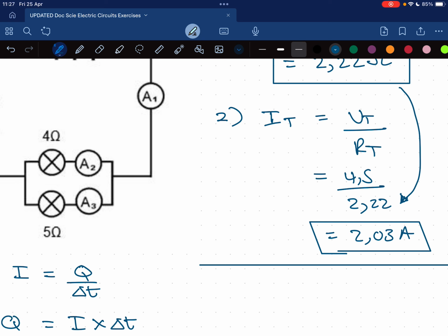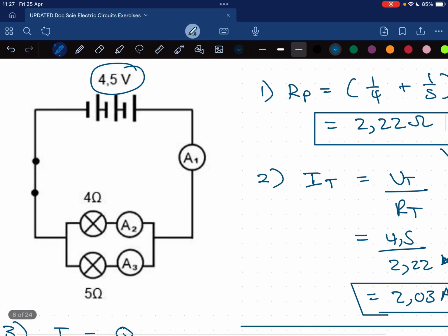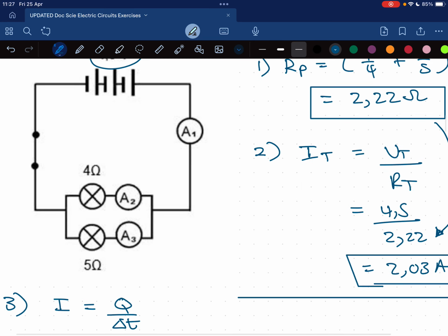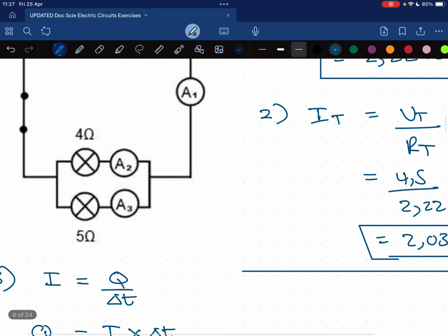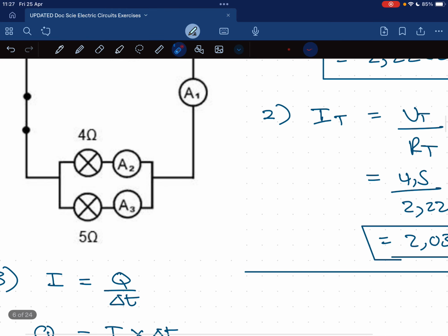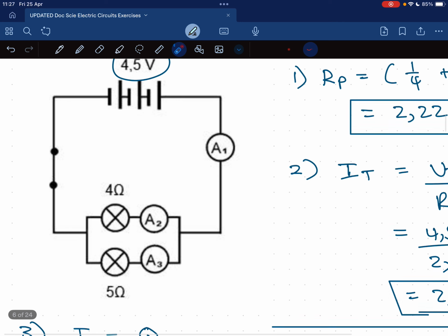Okay, so now that is going to be up to you on how to figure it out. So first of all, you can say, well, I know that there's no other resistors here, which means that the total voltage here is also 4.5 volts, which means that it's the same here and the same here.